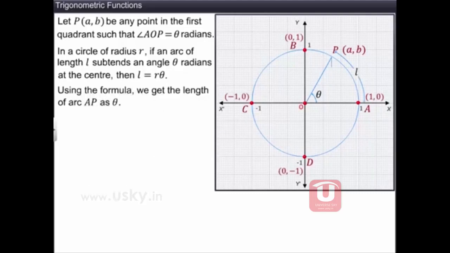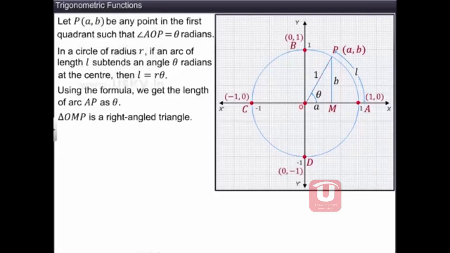Drop a perpendicular from point P such that it intersects the x-axis at M. Point M is at a distance of A units from the origin on the x-axis and length MP is B units. Also, OP being the radius of the unit circle is equal to 1.